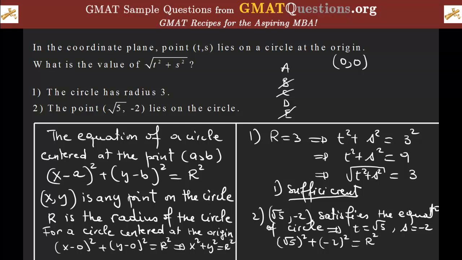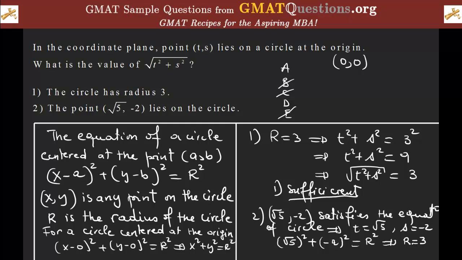Here we're not given r, but we are given at least a point on the circle. And this is going to lead easily, you can do that yourself, to r equals 3. Do the calculation yourself, you realize that r is going to be equal to 3.